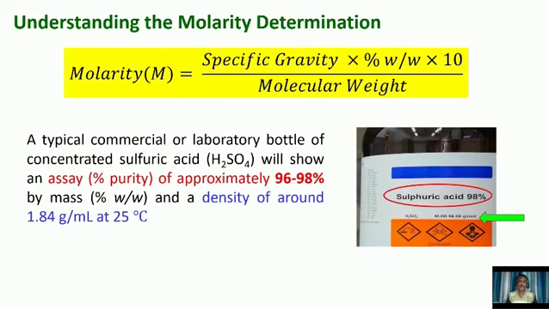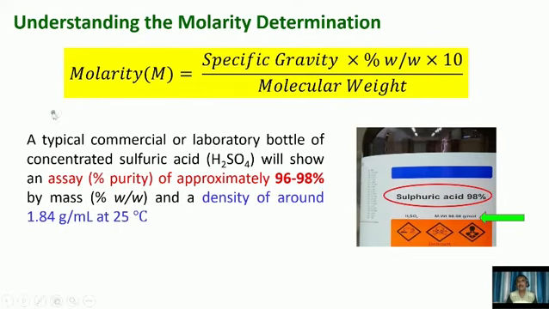Molecular weight of H2SO4 is 98.08 gram per mole, as we have calculated. You should just have an idea about the molecular weight calculation. That's why I have made mention of that calculation. Otherwise you can directly jot it down from the bottle. The molecular weight is given, that is 98.08 grams per mole.